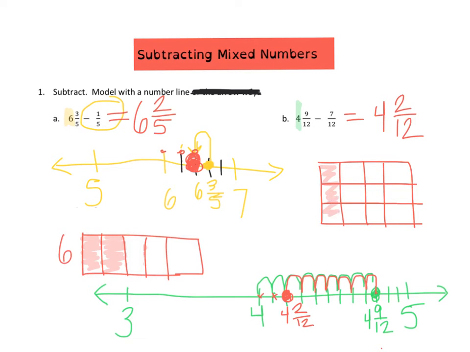So 1, 2, 3, 4, 5, 6, 7, 8, 9. That's what I started with. I'm going to get my eraser tool. I'm going to erase 1, 2, 3, 4, 5, 6, 7. I erased 7 of those boxes, and I'm left with 2 out of 12 boxes filled in. Pieces.